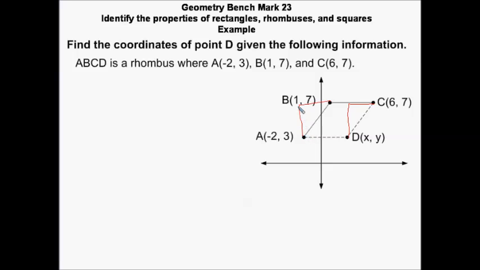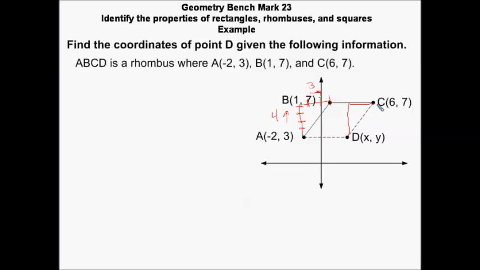If I were counting spaces, I'm going from 3 to 7, so that's 4, 5, 6, 7, so that's up 4. And then -2 to 1, so that's -2, -1, 0, 1, so that's over 3. Up 4 over 3. I'm counting spaces. I'm not drawing the graph paper, but I'm counting spaces. Just pretend that there's graph paper here, and I count spaces.